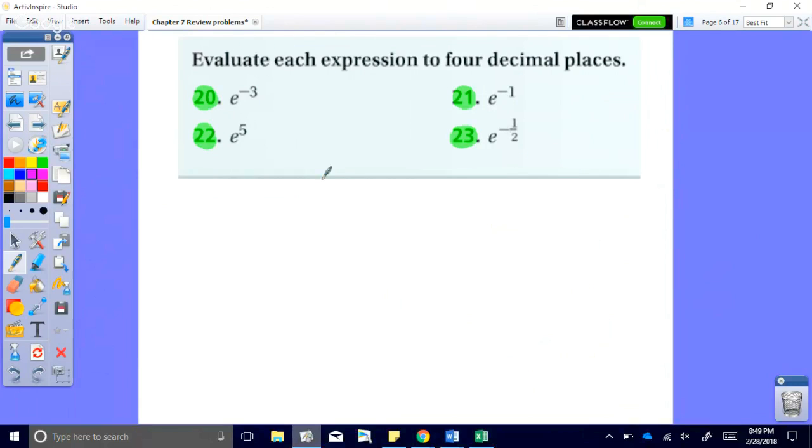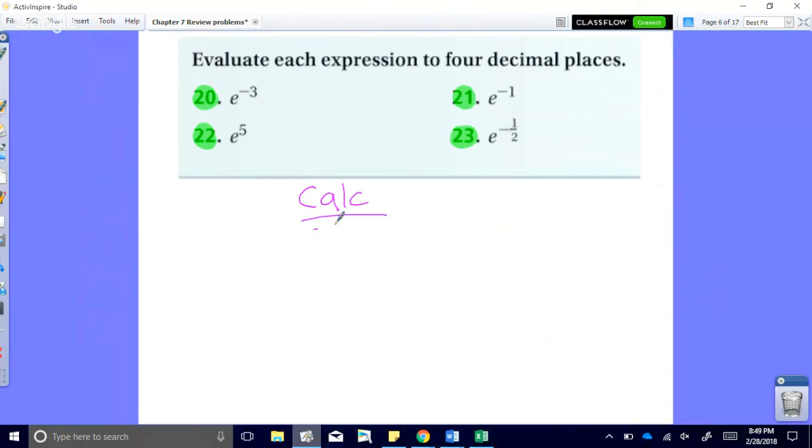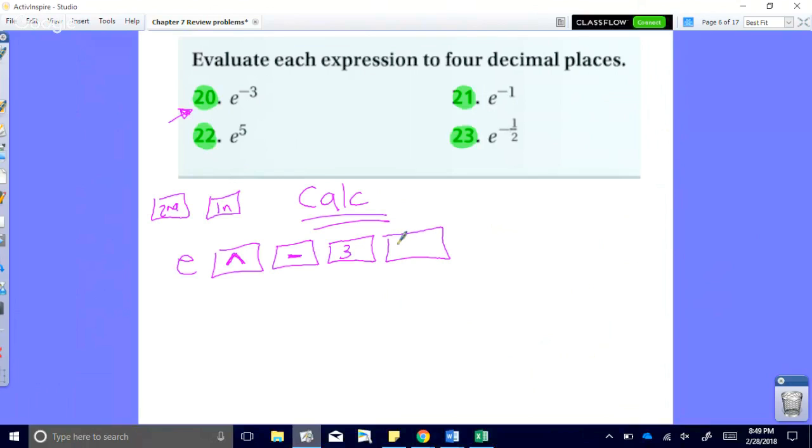Okay, this evaluate the expression. These are all calculator. Okay, so what I'm doing here, if I'm doing e to the negative 3, so we all have an e button, which you have to do second and then natural log, and that makes e. And then you'll do the exponent caret button, and then you'll do the negative 3, and then you hit enter.